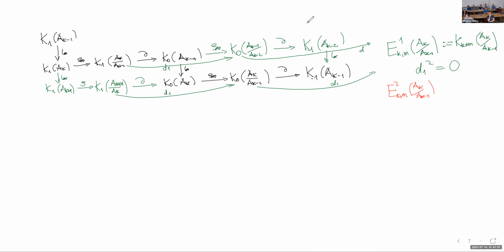Minus 1. This becomes homology: kernel of D1 over image of D1. So E2. The second index M is the height. So this is our M, and it goes from minus infinity to plus infinity.